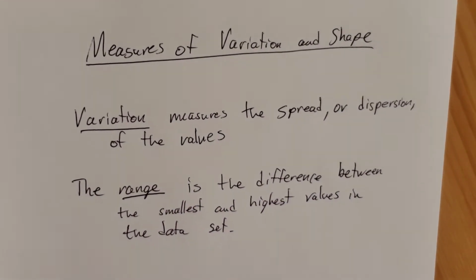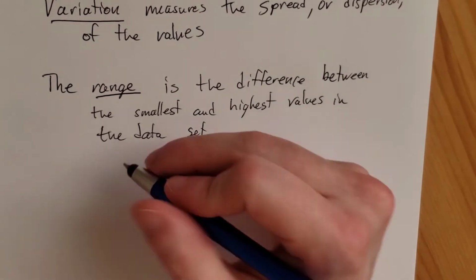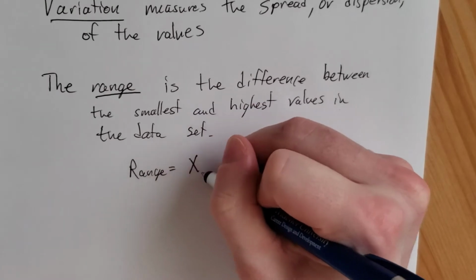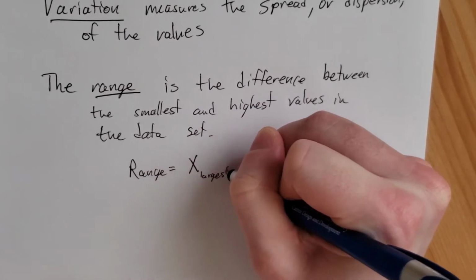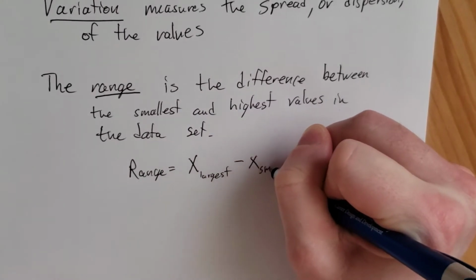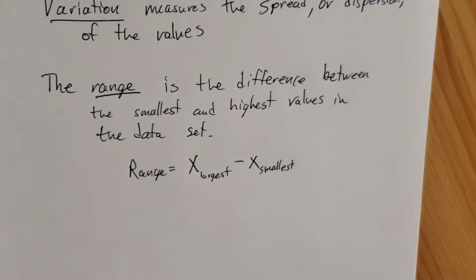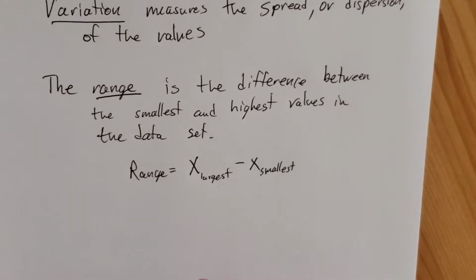So in particular, the range is equal to x largest minus x smallest, where these variables just represent your data points. So the largest data point minus the smallest data point.